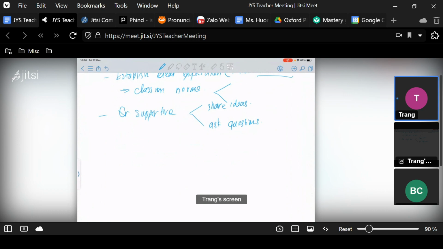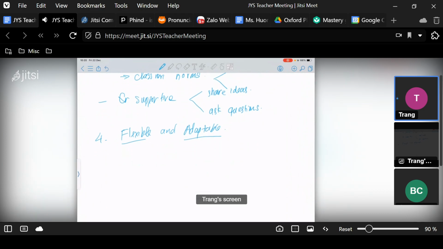And the next one: we should be flexible and adaptable. So how to be flexible and adaptable in a class? We have to adjust our strategy based on the students' feedback and performance.